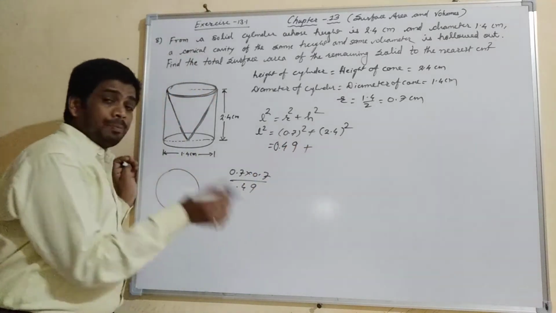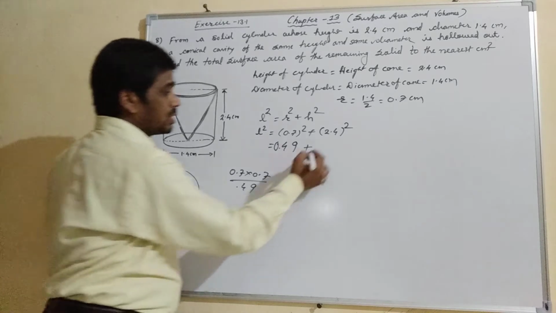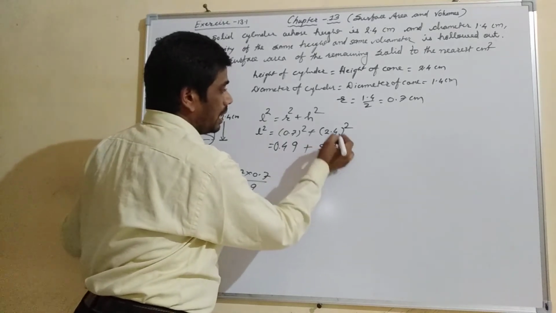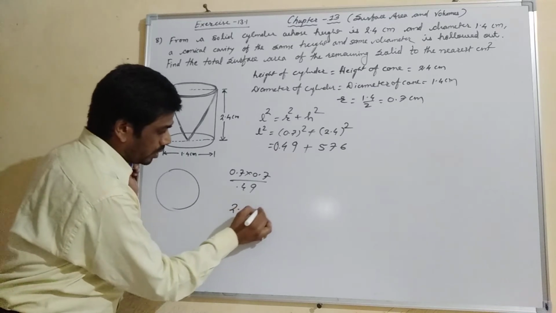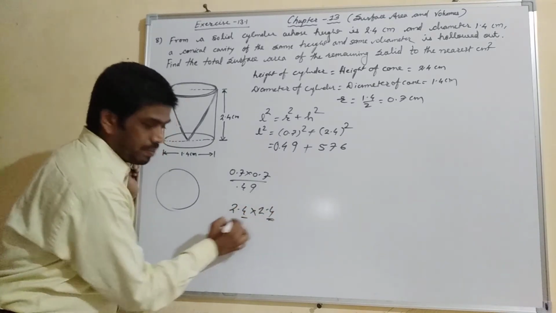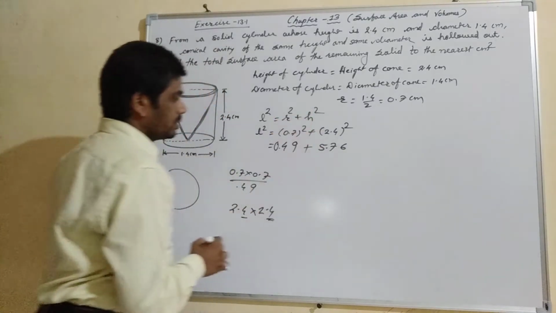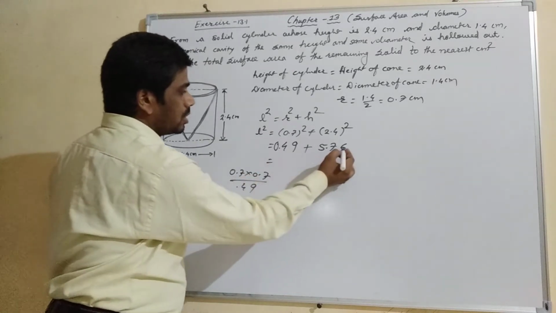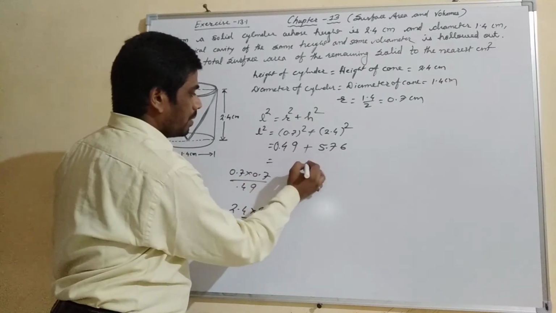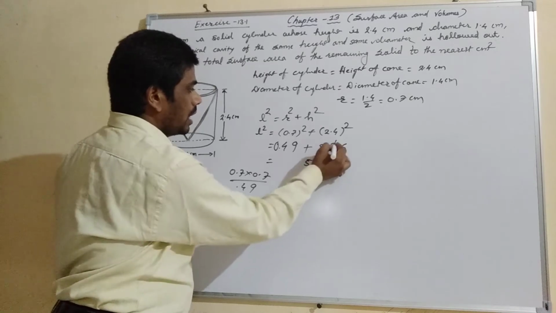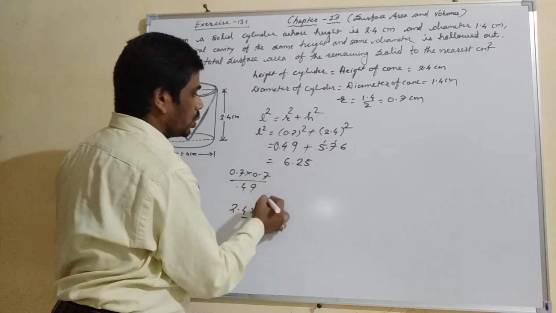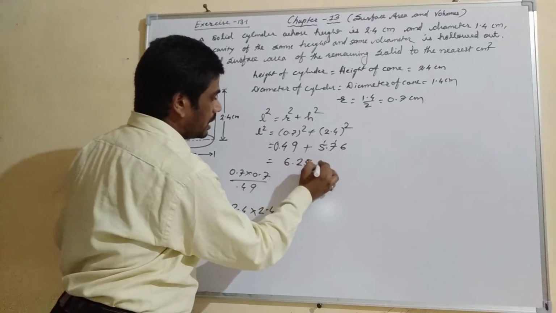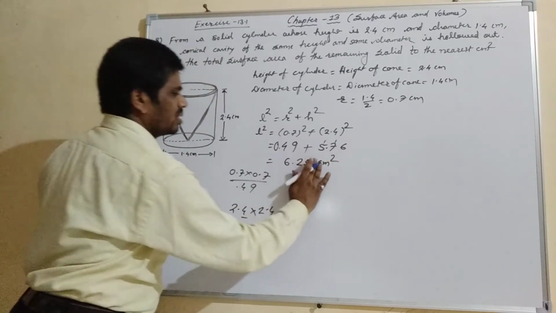Plus 24 into 24 is 576, and we put the point before 2 digits, because 2.4 into 2.4, 2 digits will be in the decimal, so 5.76. Now you can add this: 6 plus 9 is 15, 5 carry over 1, 8 plus 4 is 12, 2 carry over 1, and 5 plus 1 is 6, which means you will get 6.25 centimeter square.